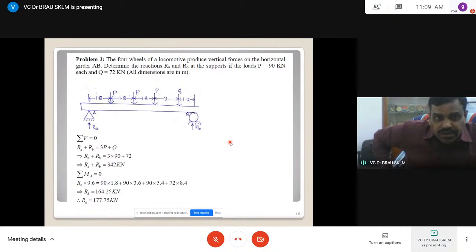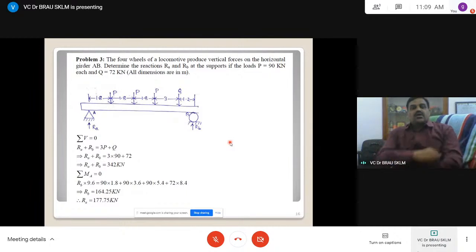If each load P is 90 kilonewtons and Q is equal to 72 kilonewtons, we assume all dimensions are in meters, so we avoid the mistake of mixing unit systems.